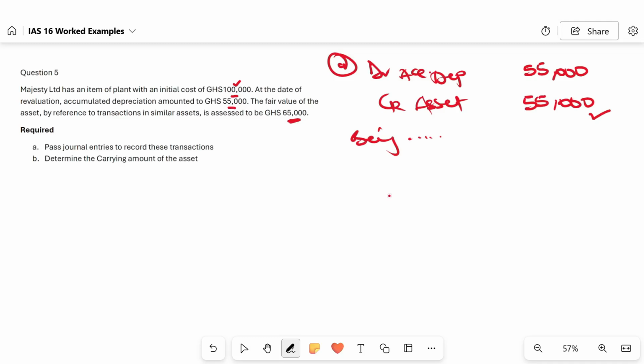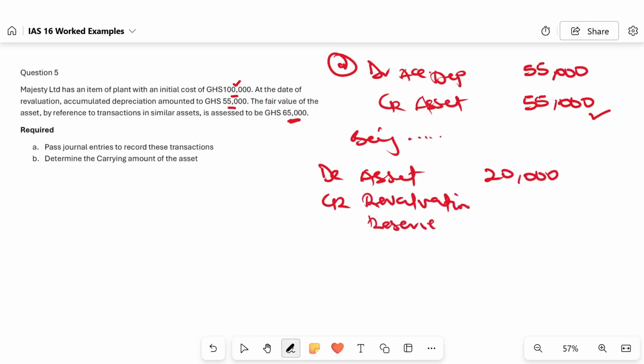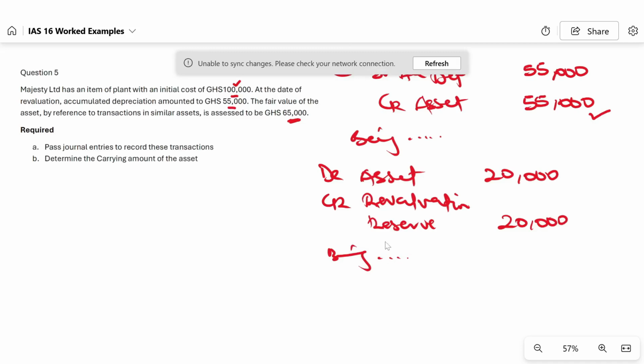We are now going to debit the asset account with 20,000 to lift the value from 45,000 carrying amount to the fair value of 65,000. Debit the asset account with 20,000, and we are going to credit revaluation reserve with 20,000. Now, the description will be being uplift of net asset value to fair value. So these are our relevant journal entries.